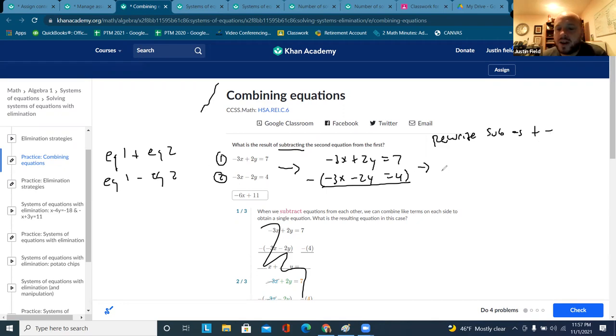So we rewrite the top as all the same, and then rewrite the bottom, but instead of -3x, it's going to be positive, instead of -2y, it's going to be positive, and instead of 4, it's going to be -4. So I change all the signs on the second equation, then I can add them together. I like that much better.